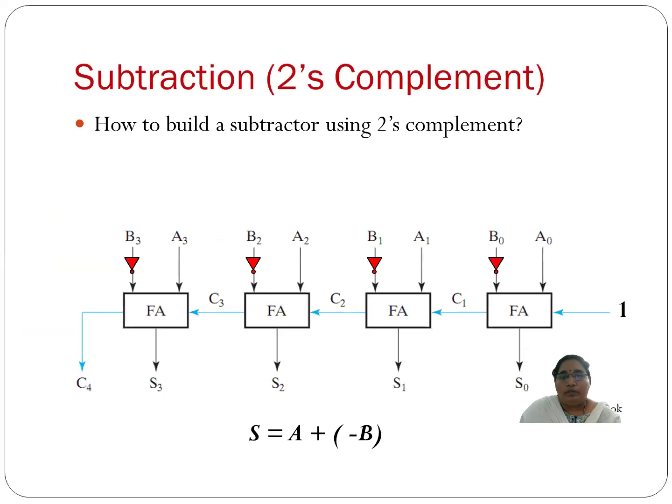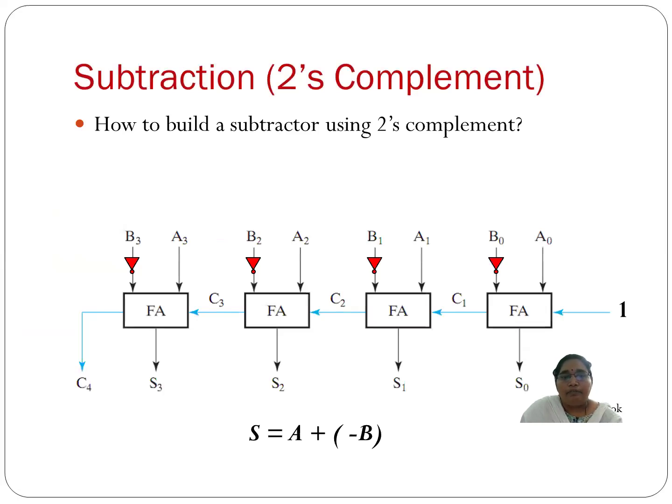Now let us see this circuit. This is actually the same ripple carry adder circuit, but in this circuit, see here, the operation is A plus minus B. So here we are treating this second number as a negative number, minus B. We know that a negative number can be represented by using 2's complement format, that is 1's complement plus 1.